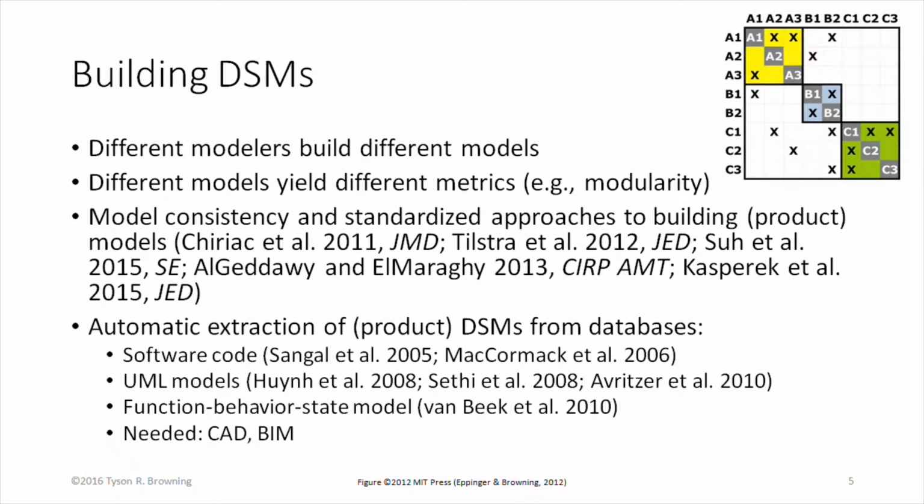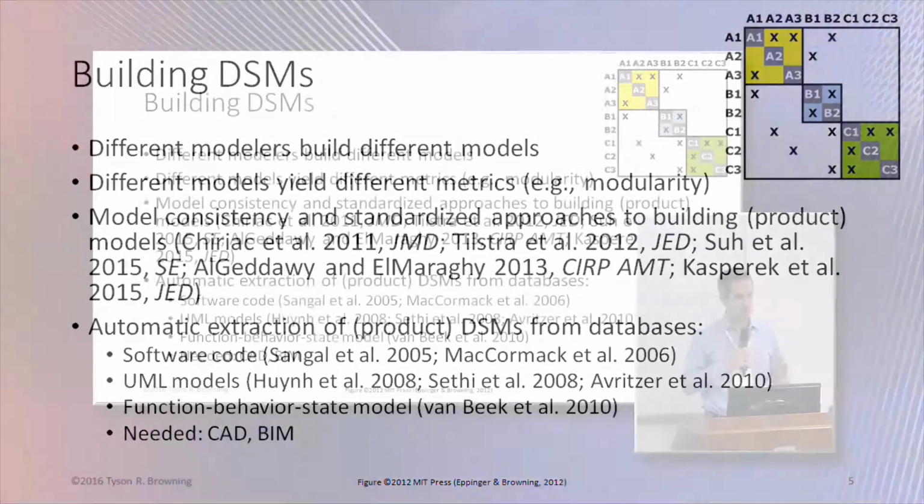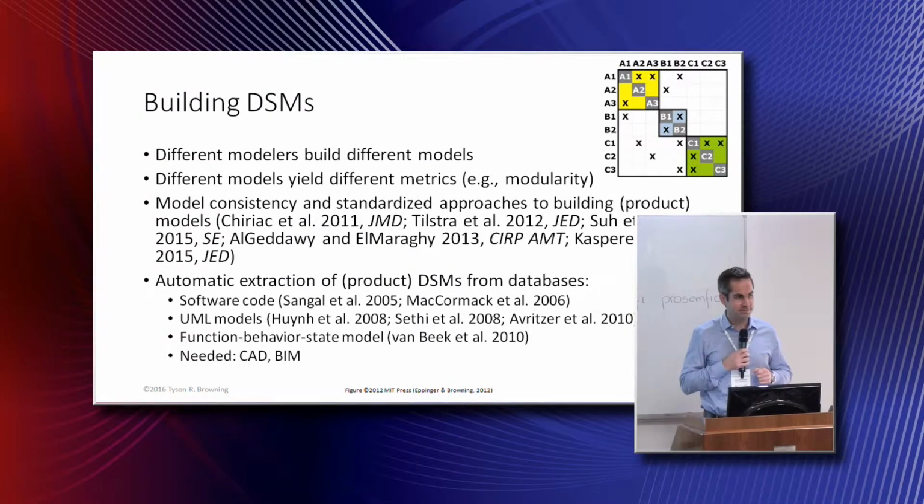So let's start with building DSMs. How do we do that? One of the big challenges that's been around for a while, it's not just a DSM challenge, it's a modeling challenge, but we've noticed, especially with DSMs, that different modelers build different models.